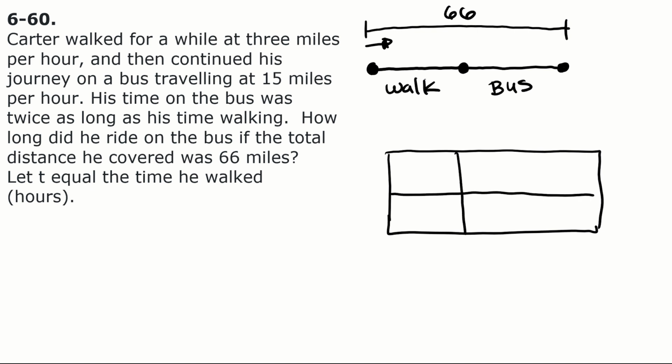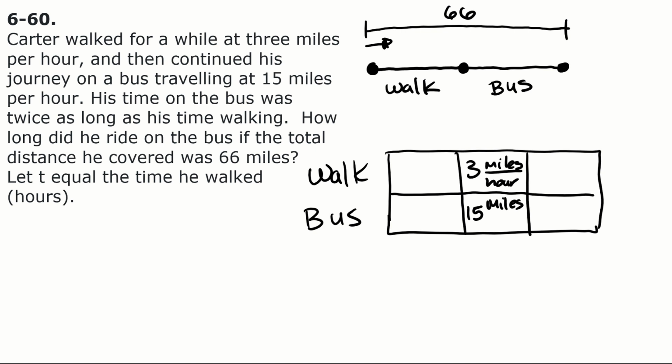So let's see. We've got the walk part of the journey, and then we've got the bus part of the journey. For the walk, we're going at 3 miles per hour. And for the bus portion, a very slow moving bus, 15 miles per hour.